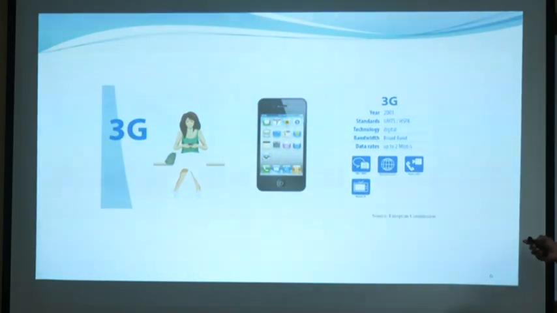The standard is UMTS, and it's again a digital technology. After the second generation, everything is digital technology. This is a kind of broadband system that will support up to 2 megabits per second data rate. It can also support wireless internet, video calls and mobile TV. So mobile broadband was first introduced in the 3G system in the early 2000s.